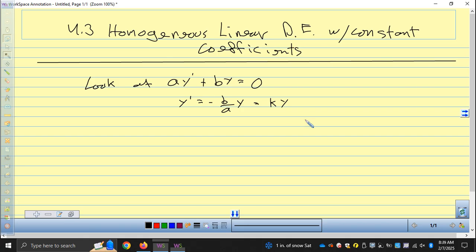Well, this is a nice separable differential equation. y prime is dy dx. So we could write dy over y equals k dx. And we've solved an equation very similar to it a number of times. We know we get exponential solutions because this is a natural log, and so we end up with an exponential.